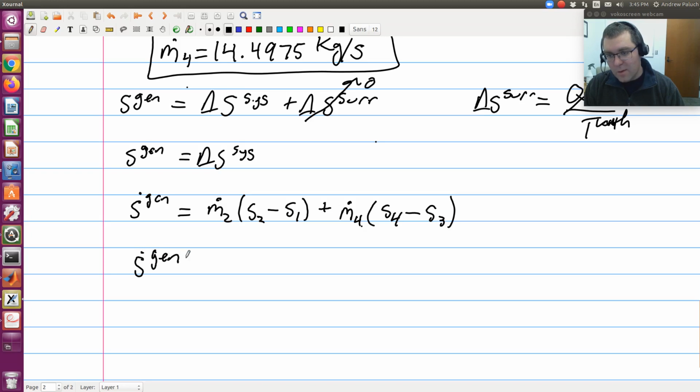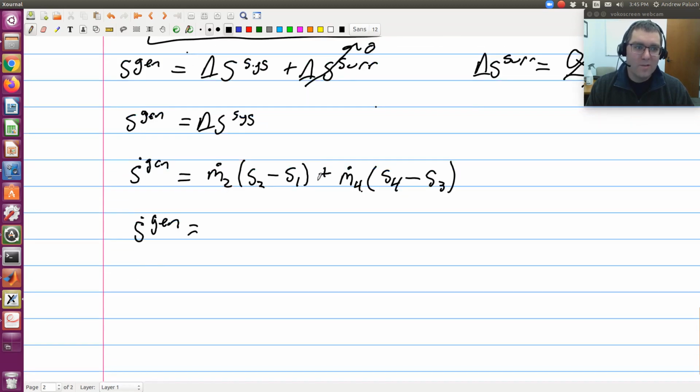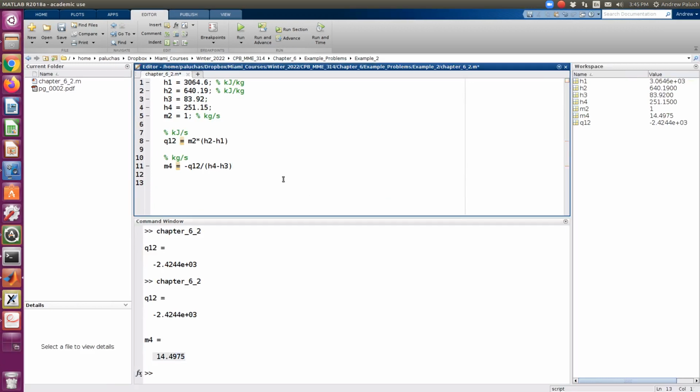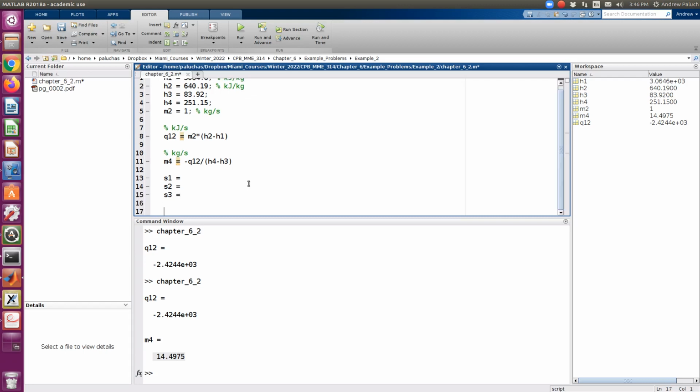Our mass flow rates are in kilograms per second, entropies are in kilojoules per kilogram Kelvin, so this will be kilojoules per Kelvin per second. To get Sgen, I'm going to need to add S1, S2, S3, and S4 to my sheet, where these are kilojoules per kilogram Kelvin.